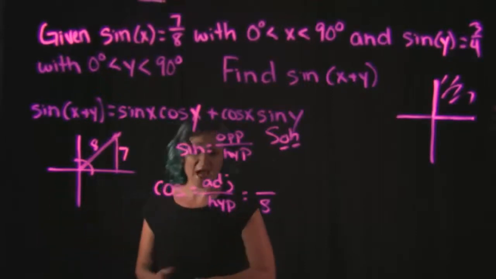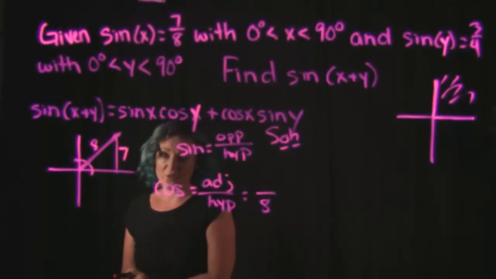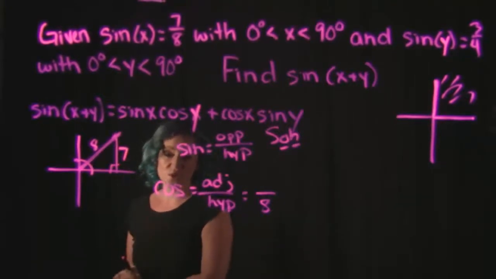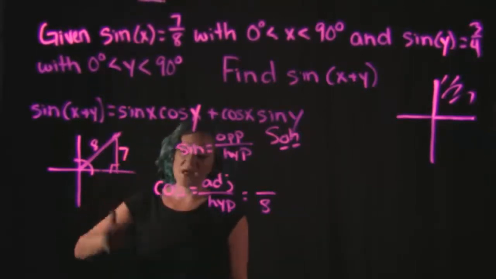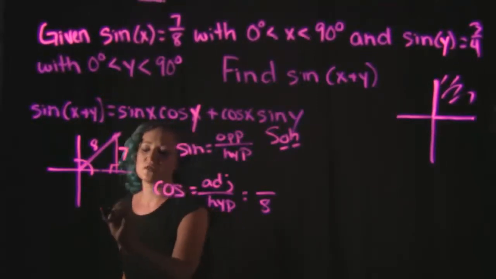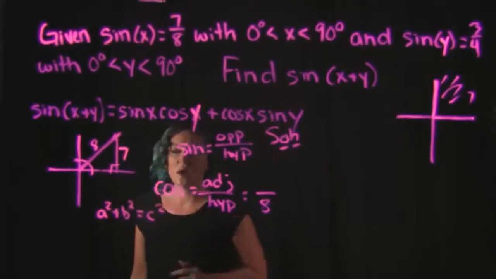We don't know that side, but we can figure out what that side is by using Pythagorean's theorem. Remember, whenever you're trying to solve a right triangle, and we do know we have a right triangle here, you can find the missing side of a right triangle by using Pythagorean's theorem. So Pythagorean's theorem, remember, is a squared plus b squared is equal to c squared.